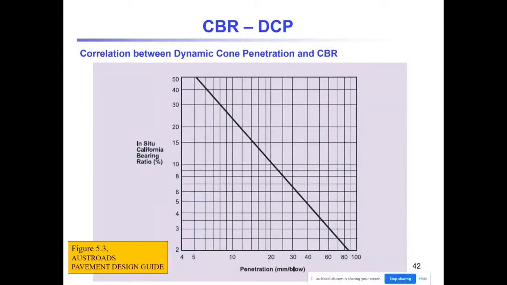For example, if DCP is equal to 20, then the CBR value that we read is 10. So you can simply use this chart in order to indirectly calculate the CBR value.